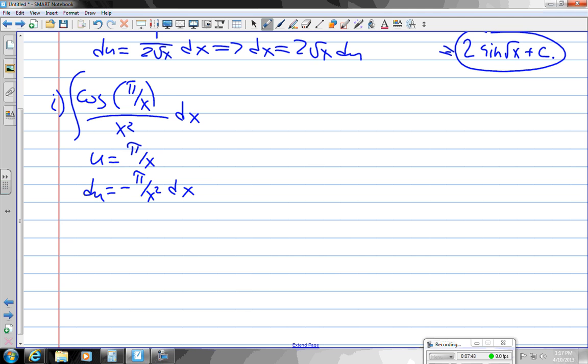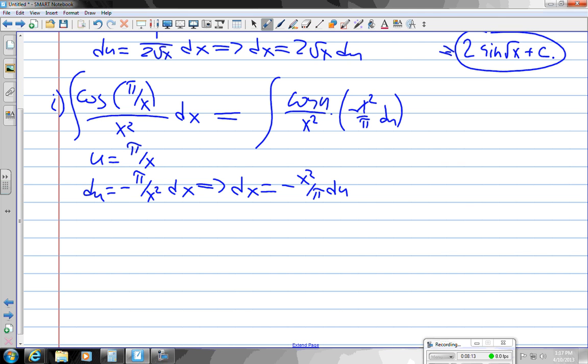Is that okay? So solving for dx gives us negative x squared over pi du. So when you make a substitution, we get cosine of u over x squared times negative x squared over pi du. So x squared cancels with x squared.